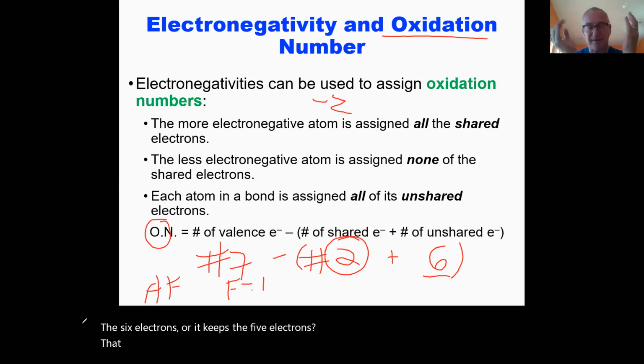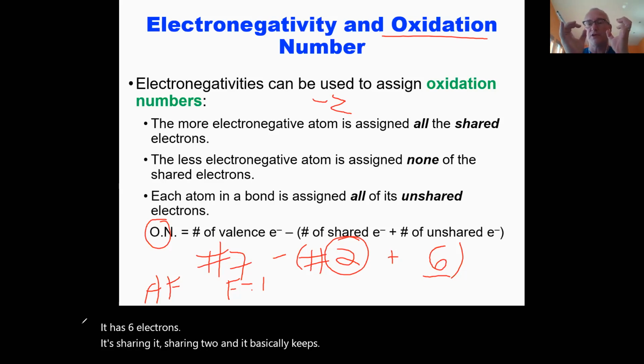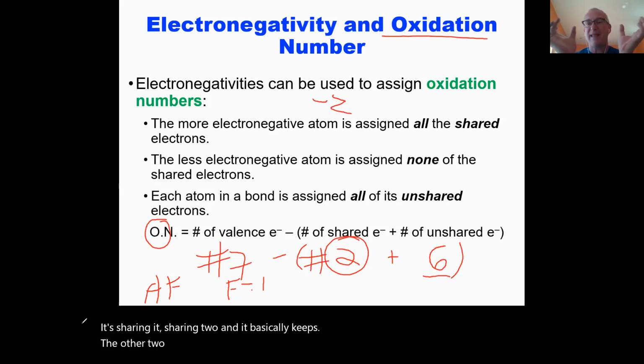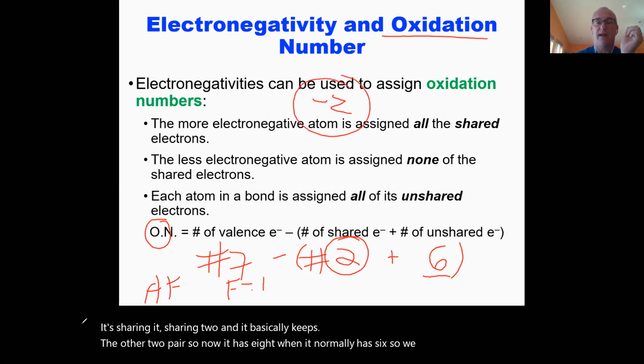It has 6 valence electrons, it's sharing 2, and it basically keeps the other 2 pairs. So now it has 8 when it normally has 6.